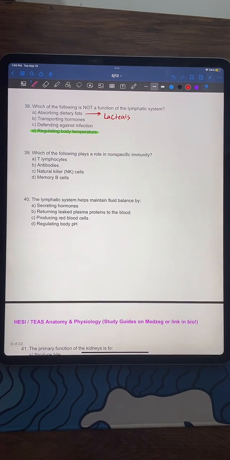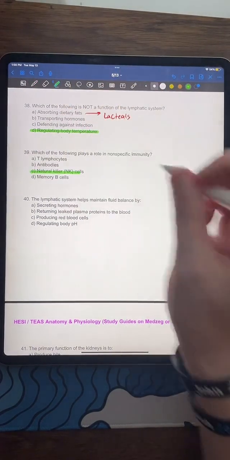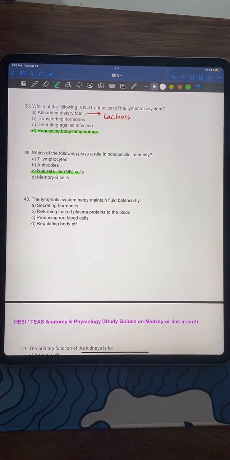Number 39, which of the following plays a role in non-specific immunity? The answer is C, natural killer cells.